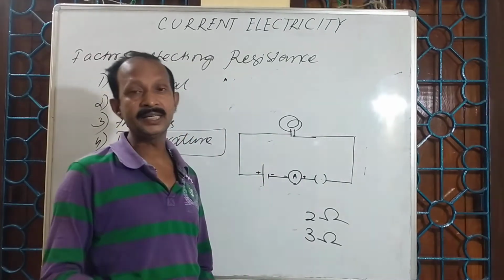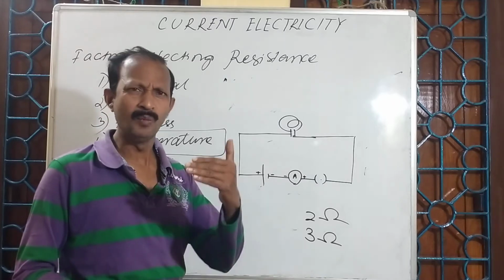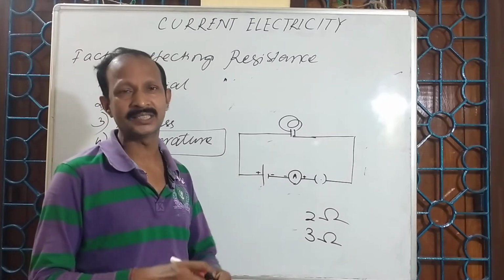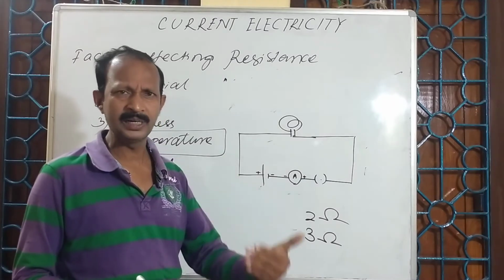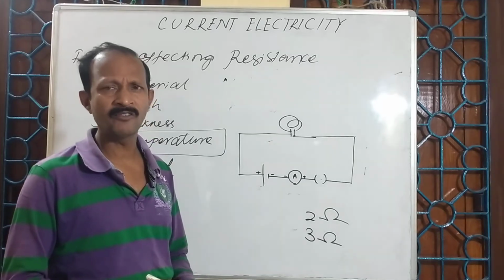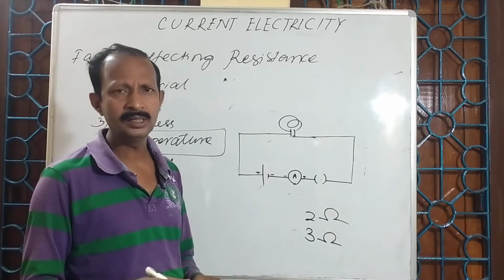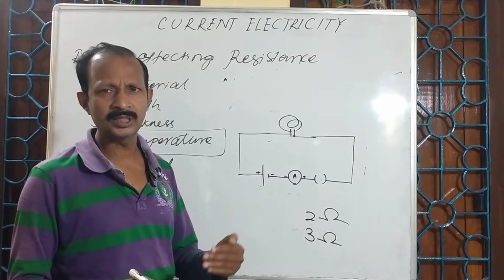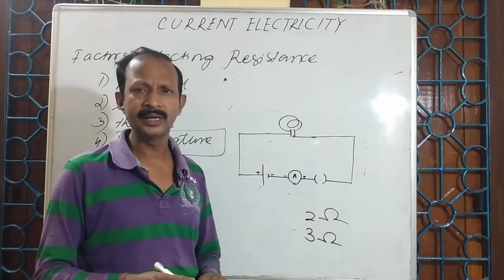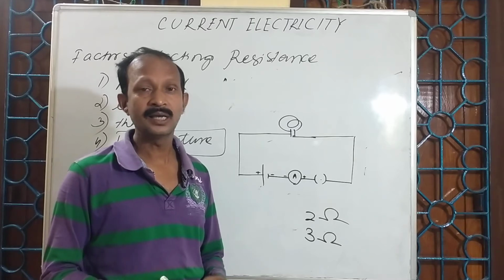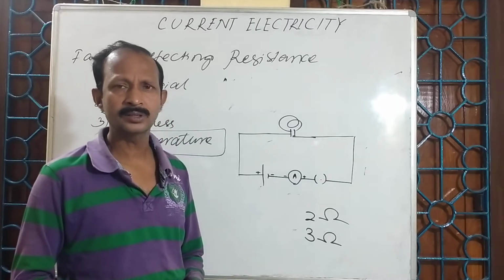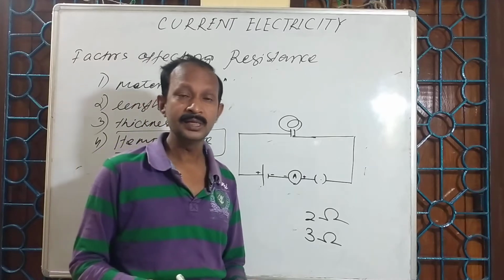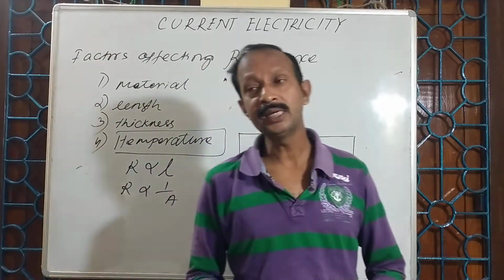When temperature increases, the random motion of electrons also increases. When the random motion of electrons increases, the number of collisions among the electrons, or between the electrons and positively charged particles (ions), increases. As a result, the resistance also increases.